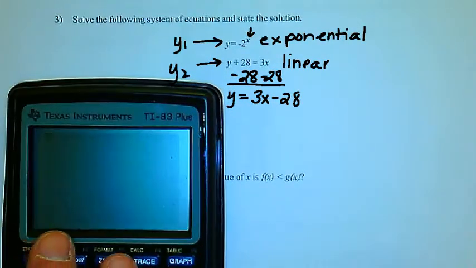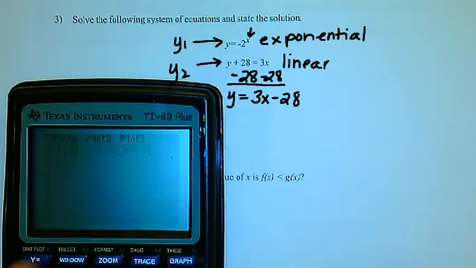There we go. All right. So again, y equals, all right, so we have a -2 raised to the x power, and we have 3x minus 28. So go ahead and graph that.